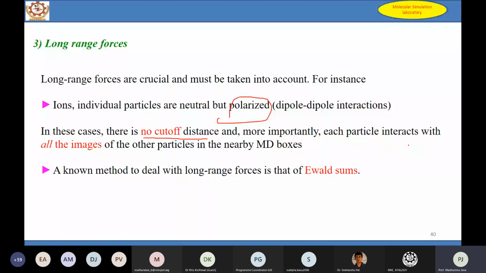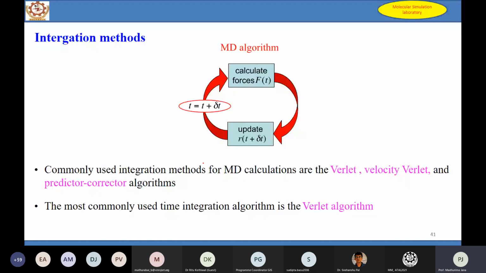For that we have to use another algorithm, known as the Ewald summation method, the particle mesh Ewald summation method, to control the long range interaction forces. These are very important and crucial things: when you are doing a simulation, you have to be very, very careful in choosing the methods.